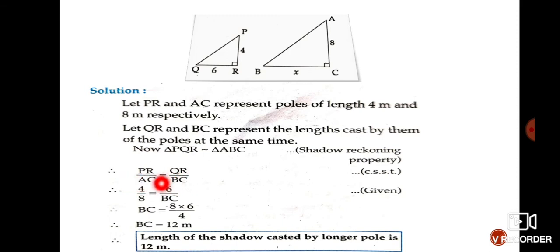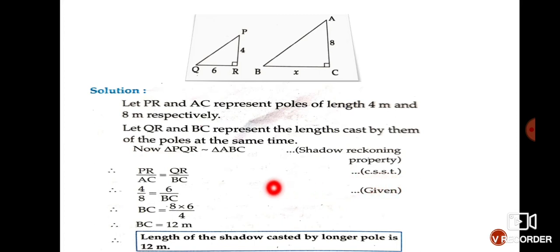Now children, here also only two proportional sides are given. Normally you have three proportional sides. Now from the figure you can clearly see that PQ upon AB is not required. So we can directly write PR upon AC is equal to QR upon BC. We can write these proportional sides, and then you have to write this reason, very important: corresponding sides of similar triangles.